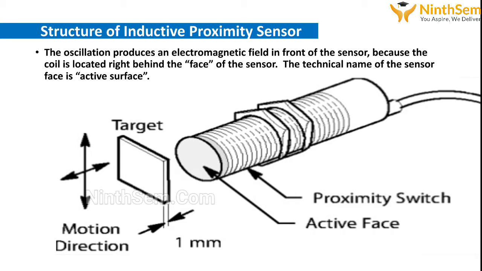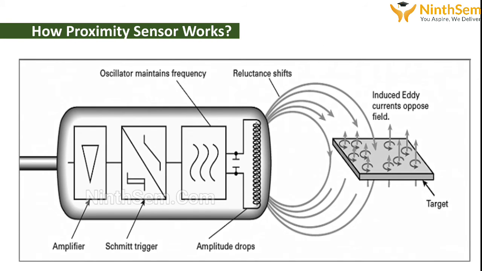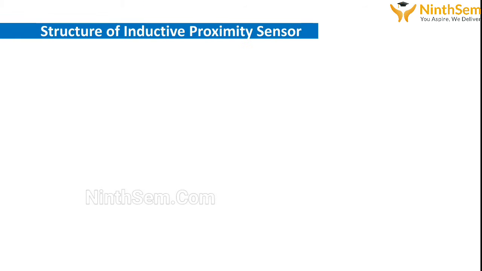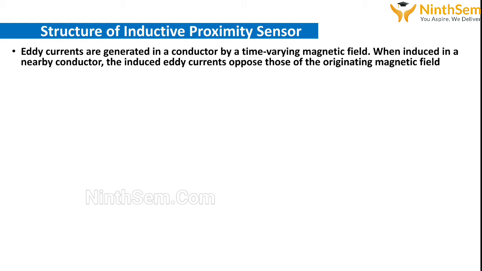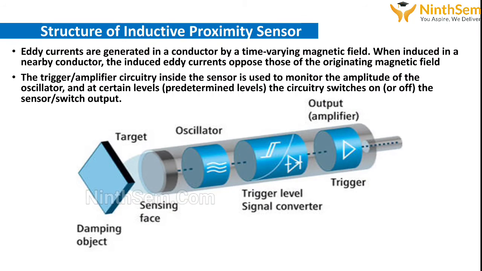Now come to how the inductive proximity sensor works. Before I explain, I put another thing: as you know, it is based on eddy current. When eddy currents are generated in the conductor by the time varying magnetic field, the induced eddy current opposes those of the originating magnetic field.